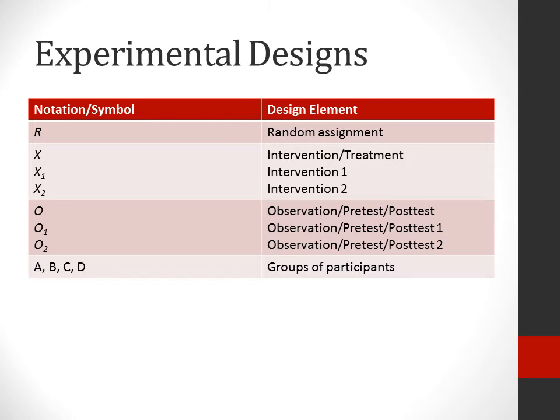X stands for the intervention or treatment that we're initiating in the research study. O stands for observation, which can be either pre-test or post-test. And A, B, C, D, etc. stand for the groups of participants. So if we have 2 groups, you usually see an A and a B.